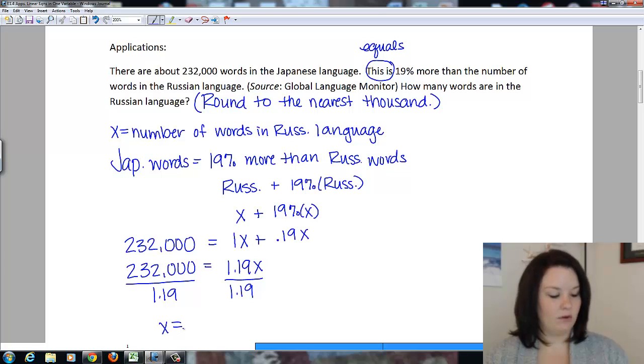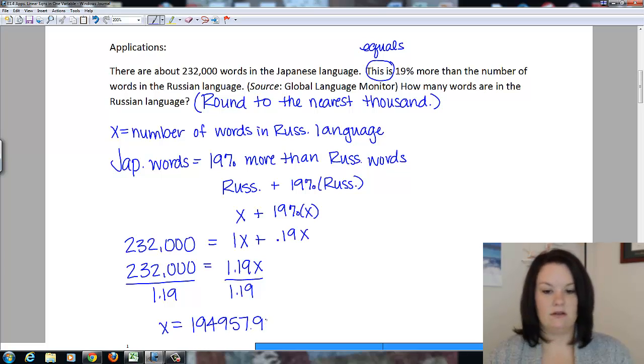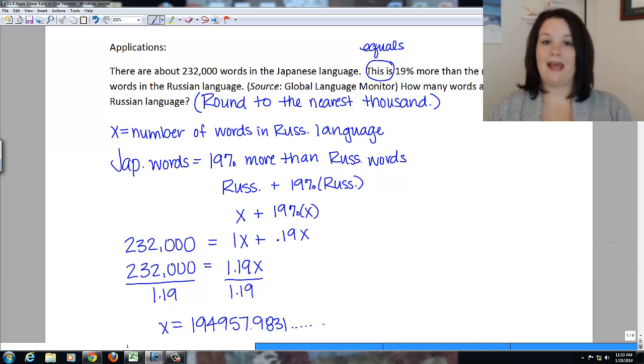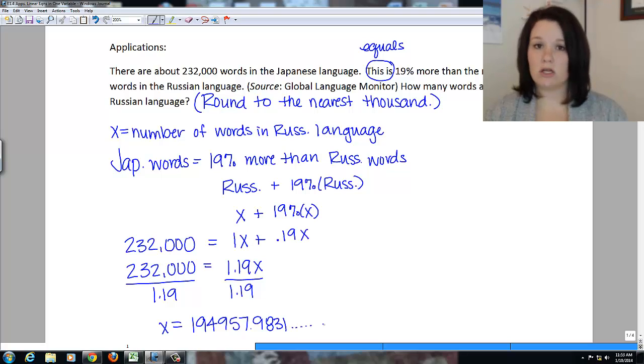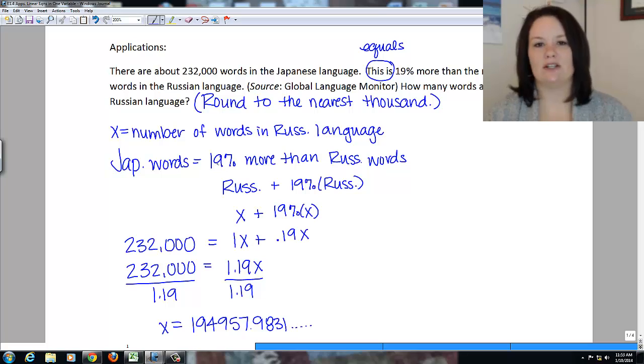When I divide off that coefficient, I end up with x is equal to 232,000 divided by 1.19, which is 194957, and then a bunch of decimals, 9831. Okay. So remember, x is representing the number of words in the Russian language, and then at the very beginning I said, let's go ahead and just round to the nearest thousand.